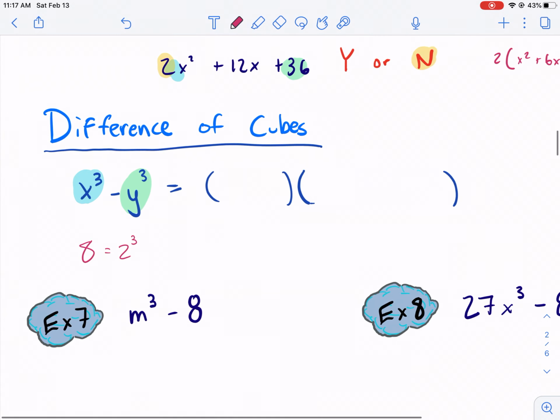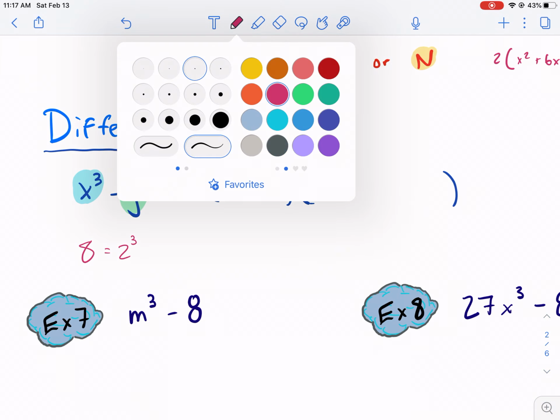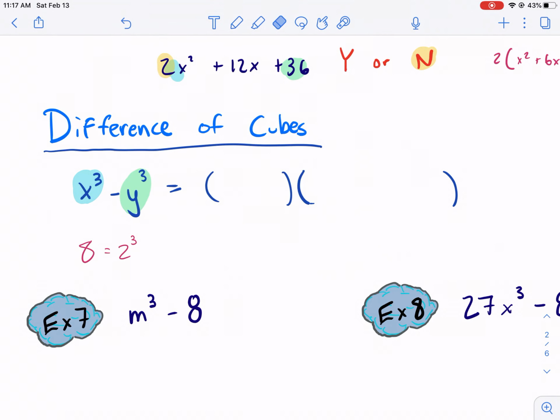Next up, we have to find the cube root of both those terms. Let me remind you, this is the first term, and we'll just call this the second term. I forgot to write term.